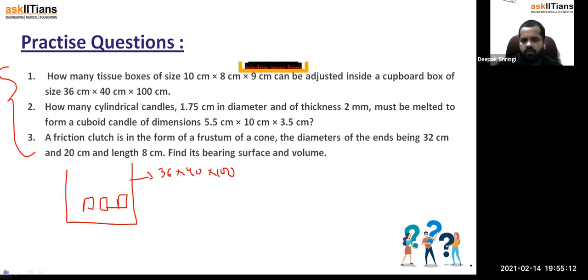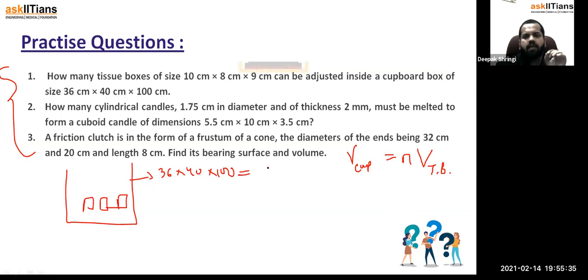So just equate the volume. You were asked to find out how many tissue boxes. So the volume of the cupboard box will be equal to n times the volume of your tissue box. So the volume of the cupboard box is 36 into 40 into 100.